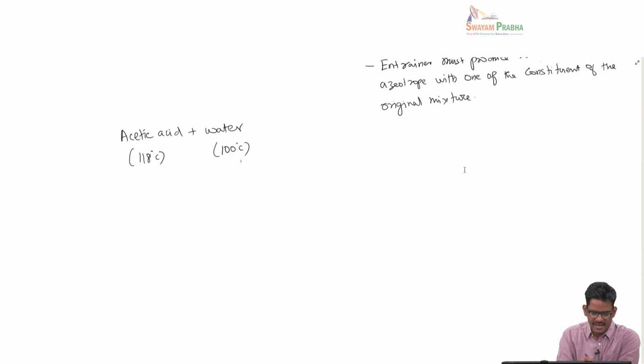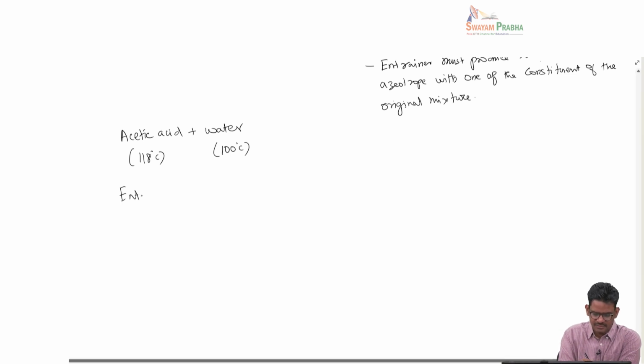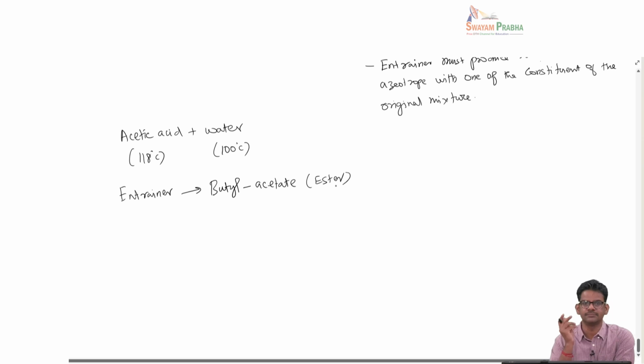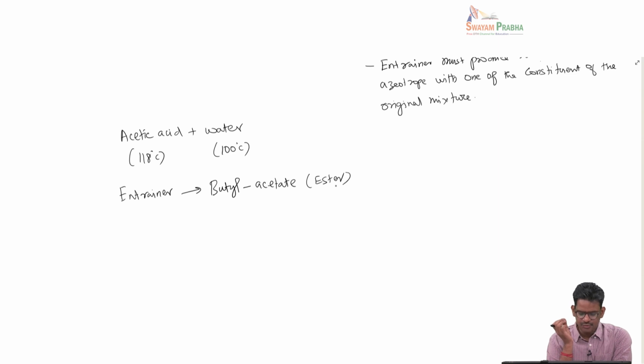For this, we are going to add an entrainer called, in this case, butyl acetate. So butyl acetate is an ester. This is an entrainer, and it is such that butyl acetate is actually very sparingly soluble in water.